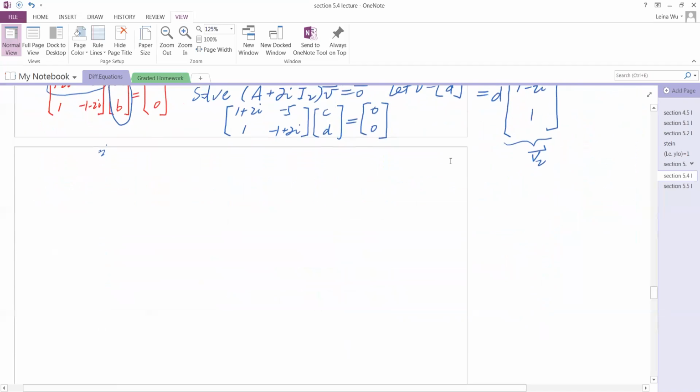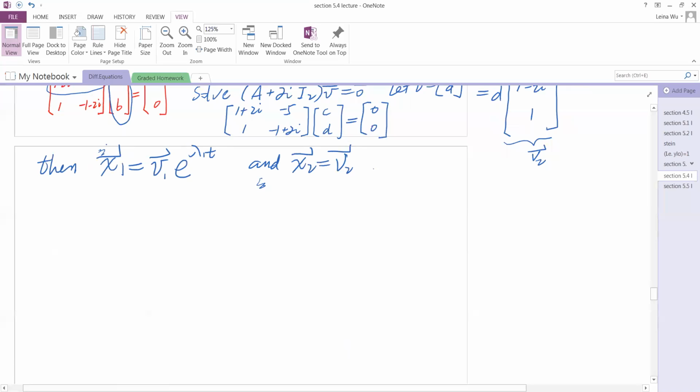Alrighty, now let's look at the solutions. So then I'm going to get x1, which is based on our method last time. It'll be v1 e to the lambda 1 t, and x2 would be v2 e raised to the lambda 2 t, right?